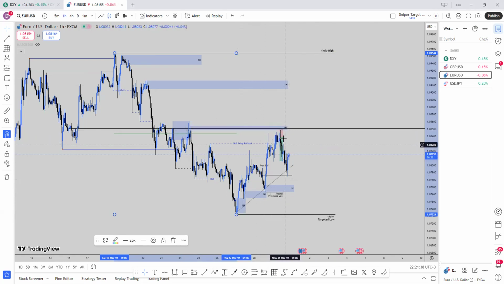So it wouldn't be a surprise for me if we actually did start getting those lower prices targeting this 1 hourly low. All right. So it wouldn't be a surprise if we actually never make it all the way to the upside.